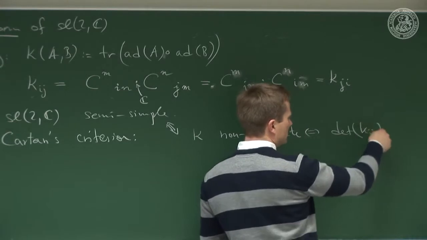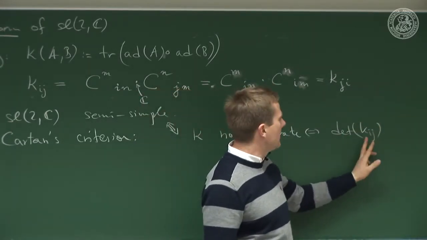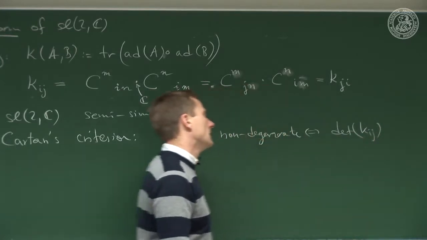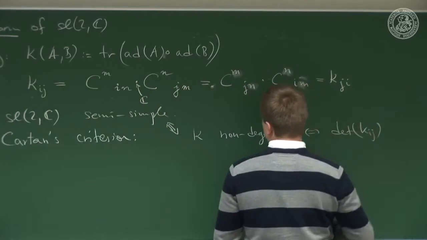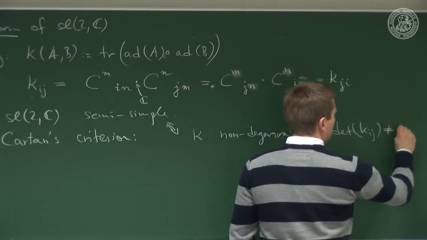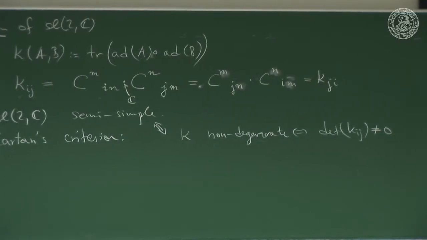I say naively because you can only take, strictly speaking, the determinant of an endomorphism, and this is a bilinear form. Well, this is a density, whatnot. But anyway, you do this naively, and it better be not 0. If it's not 0, then K is non-degenerate, and that does the trick.